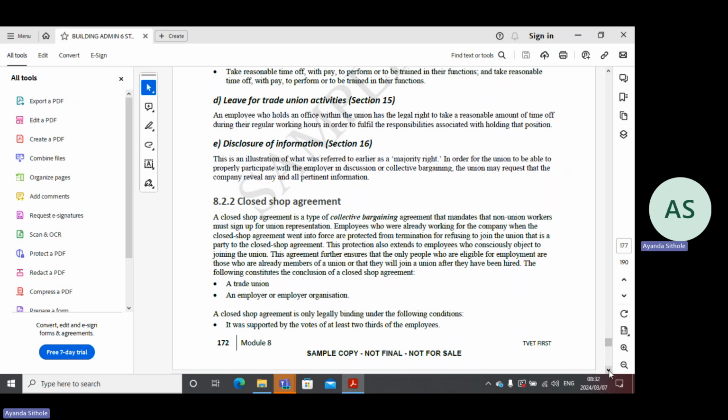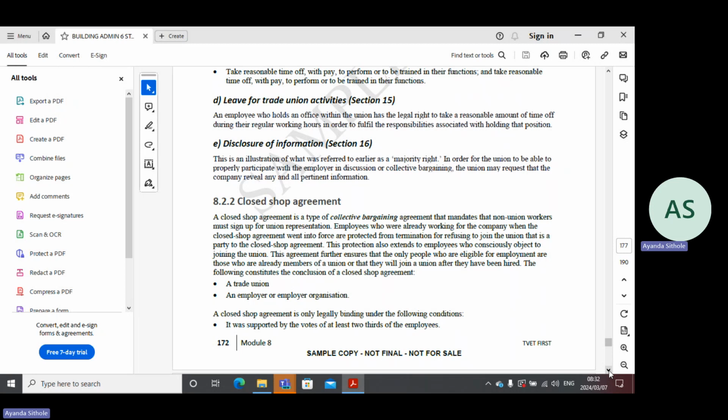Disclosure of information. This is an illustration of what was referred to earlier as a majority right. In order for a union to be able to properly participate with the employer in discussion or collective bargaining, the union may request that the company reveal all relevant information. Then the closed shop agreement.